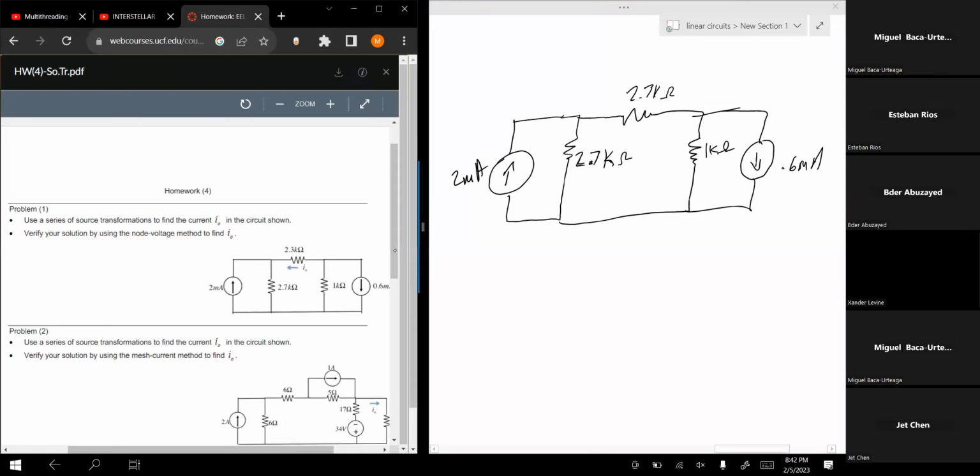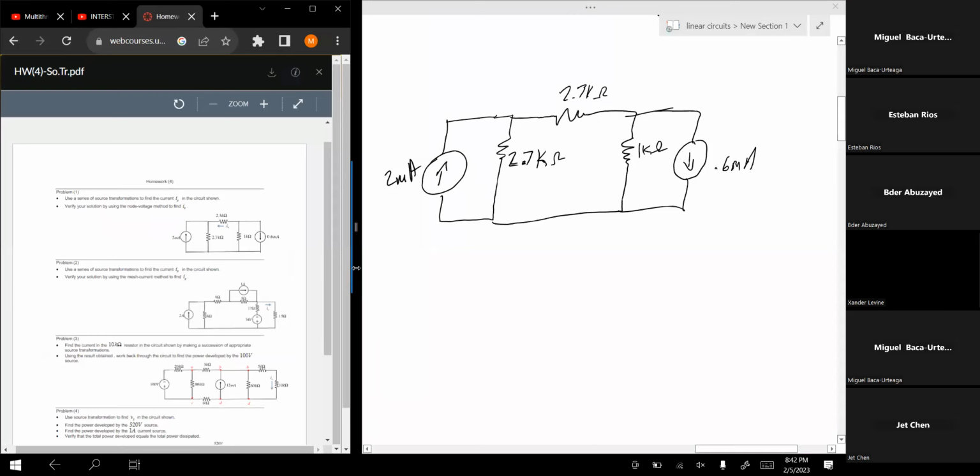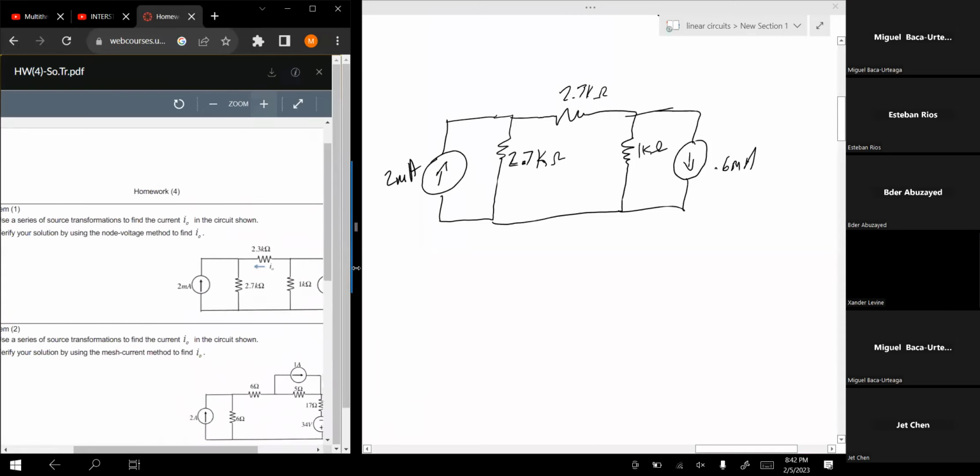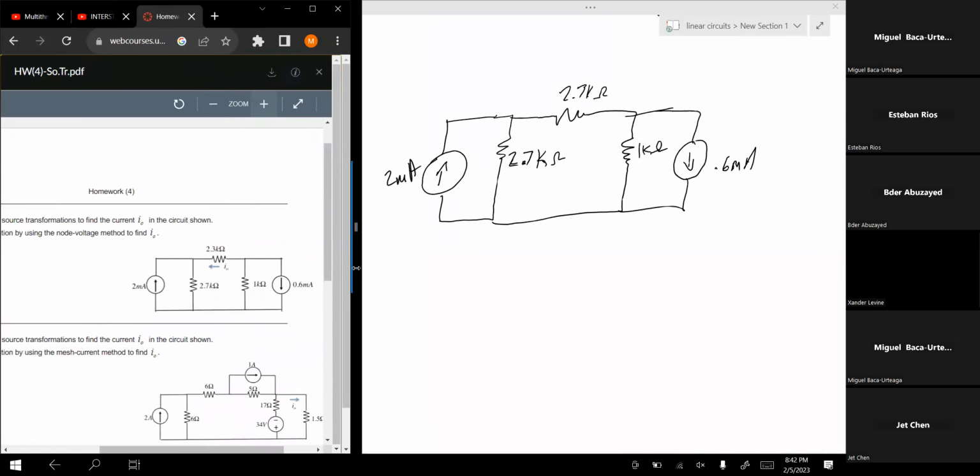Okay. Let's minimize this a little bit. We want to find I naught flowing across there. So with something like this, you might be inclined to try to reduce the resistors. You might try to say, oh, maybe these are in series or maybe these are in parallel.